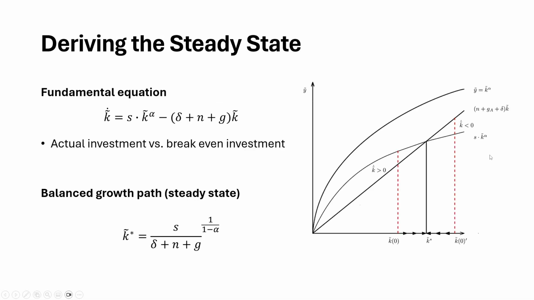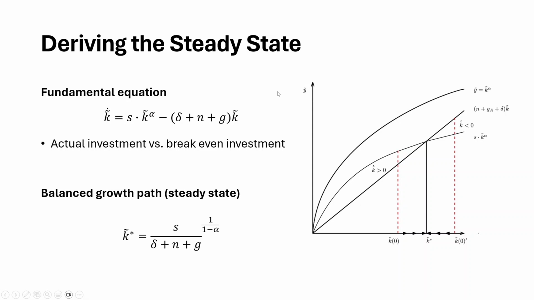Using the basic model setup, we can derive the steady state. Now, how do we do that? Firstly, we solve for k tilde and the change in k tilde over time. This little dot above the k tilde represents the change over time.